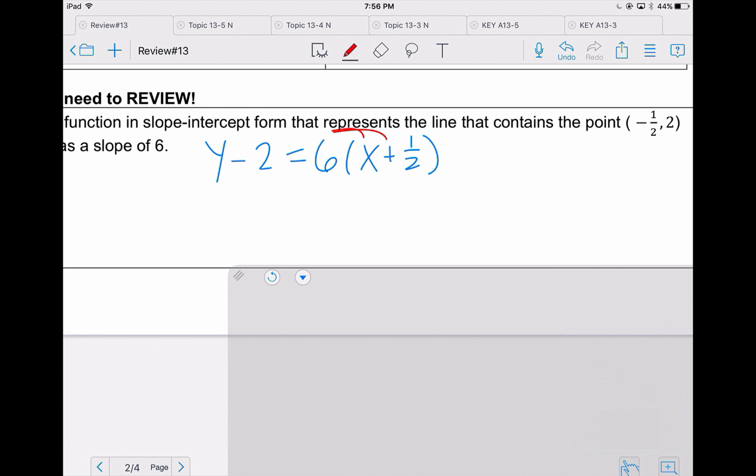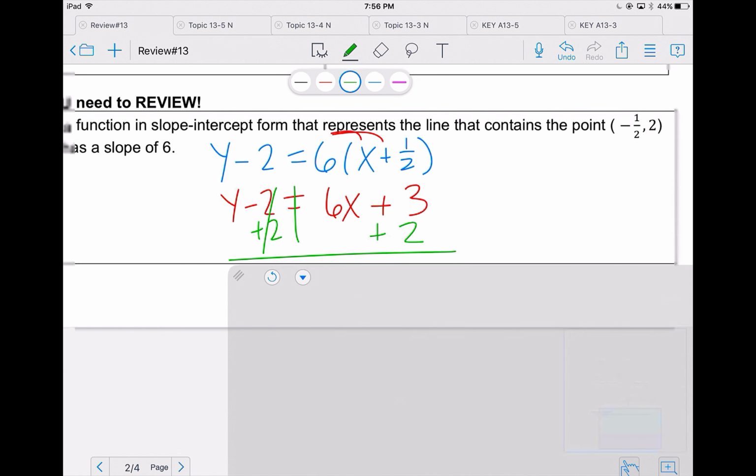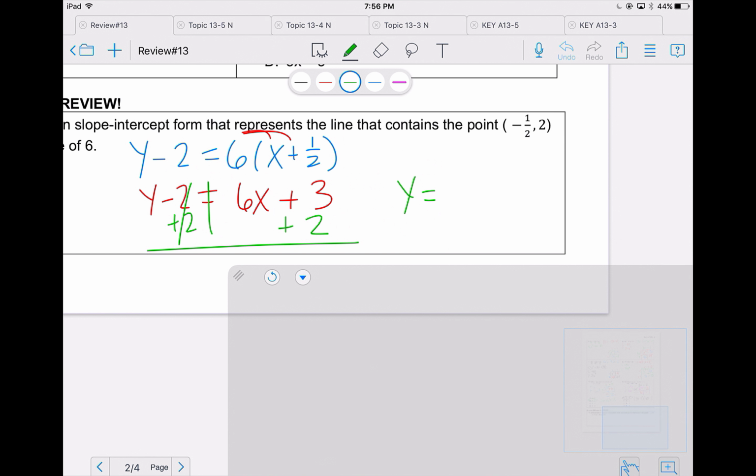From here I try to get y by itself, so 6 times x is 6x. 6 times 1/2 is 3. I add 2 to both sides because I can only combine it with my numbers. So y equals 6x plus 5 would be my equation in slope-intercept form.